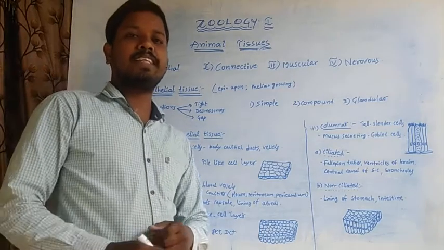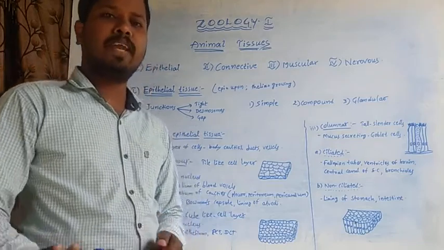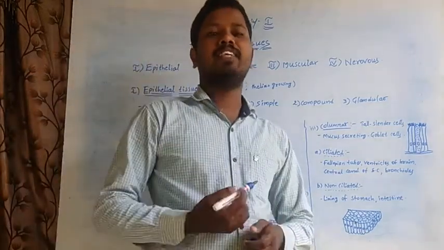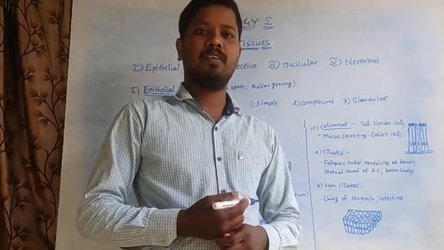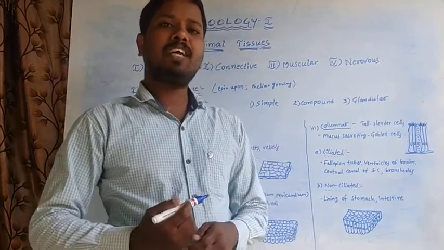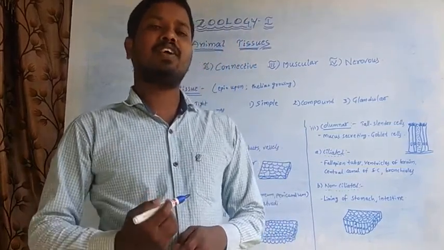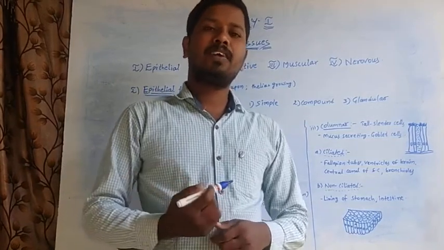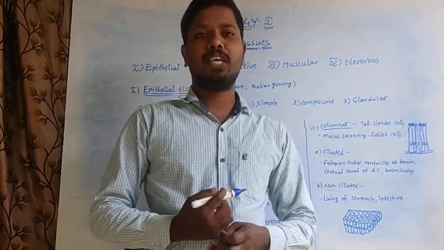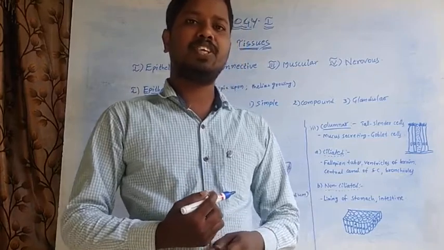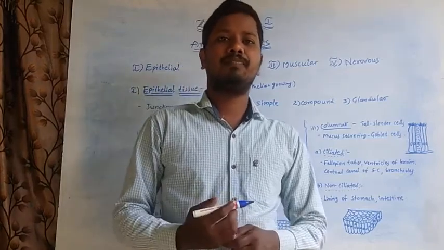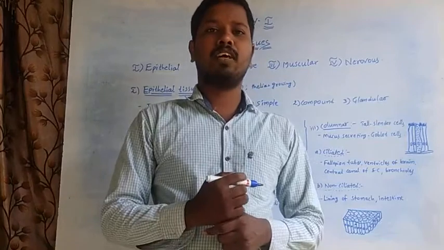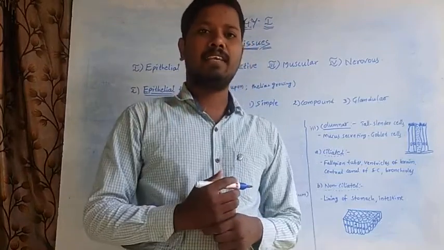Dear students, in this session I am going to explain about the animal tissues. So in acellular or single-celled organisms, all types of functions such as digestion, excretion, respiration, reproduction, etc. are performed by a single cell.